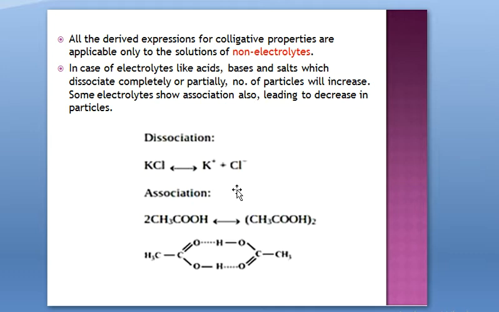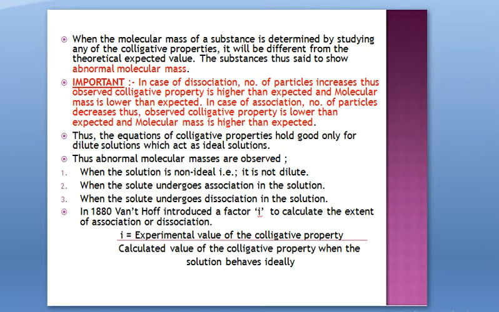These 2 things are very important to remember here. One, colligative property depends on the number of particles, so when the number of particles changes, the value of colligative property will change. And colligative property is inversely proportional to the molecular mass. When colligative property changes, molecular mass will also change.